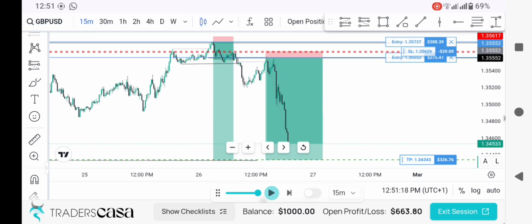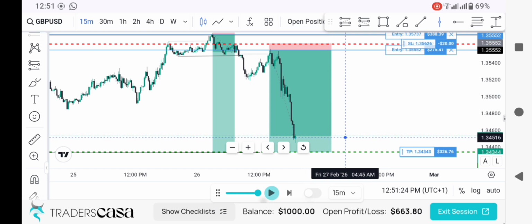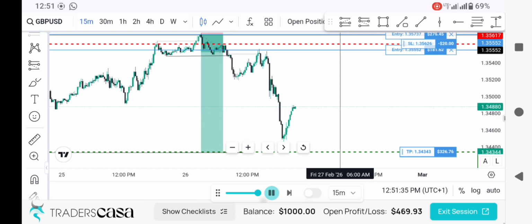As you can see, we made $600. Our next entry should be tomorrow morning after the Asian session is over. The Asian session usually ends by 6 a.m. Nigerian time. So now let's play the price.